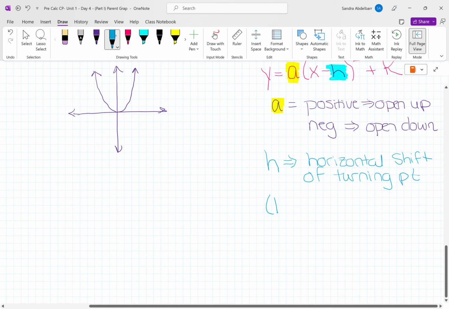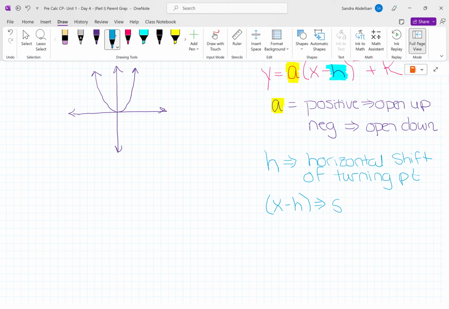To the left. Thank you. All right, so let's write that out. x minus h, shift right. x plus h, shift left.